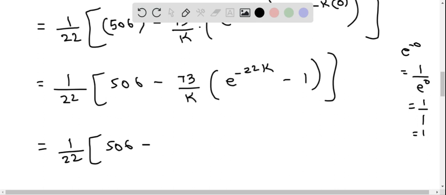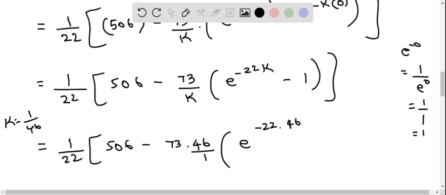Now let's continue. So this is equal to 1 over 22, 506. Now you can substitute the value of k, which is 1 over 46. So 73 divided by 1 over 46 is equal to 73 times 46 over 1. And similarly, e raised to the power of minus 22 times k, where k is 1 over 46, is e raised to the power of minus 22 times 46 divided by 1, which is simply 22 times 46.